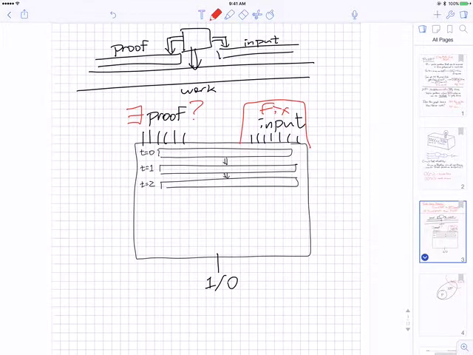Is there an input that makes the light bulb go on? If that problem can be solved in polynomial time, I've just described a polynomial time algorithm to solve the Hamiltonian cycle problem. Step 1, build this giant circuit. Step 2, pass it to the circuit SAT algorithm. Step 3, profit. You're just done. Right? Okay. So this is the definition of NP hard.